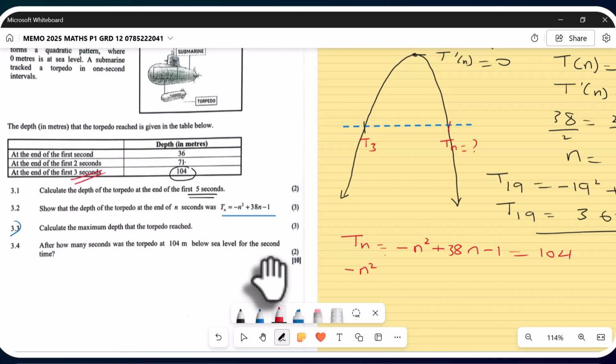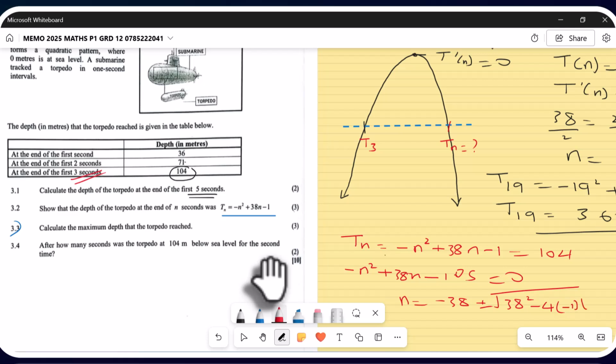If I substitute in the quadratic formula, I'm going to get n equals negative 38, then plus or minus the square root of b squared minus 4ac, that is 38 squared minus 4ac. Our a is negative 1. What about our c? Negative 105. Then divide by 2a, our a is negative 1 here.